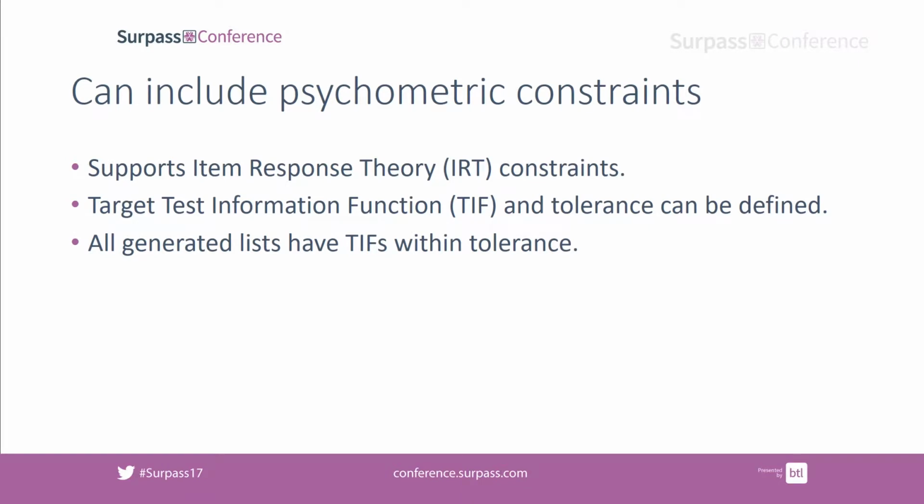The next thing, which is another important difference, is that you can define psychometric constraints on the new External Optimiser test. So that's item response theory. You can define a test information function. I'm sure some people won't know what that is, but I'll talk a bit more about that later. Basically, it's just a representation of what level of ability of candidate the test is designed to test.